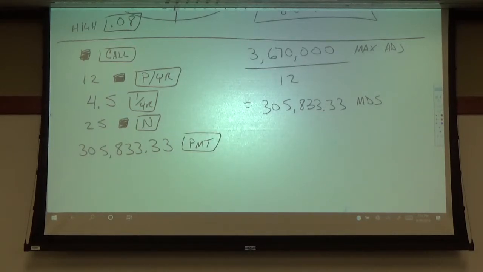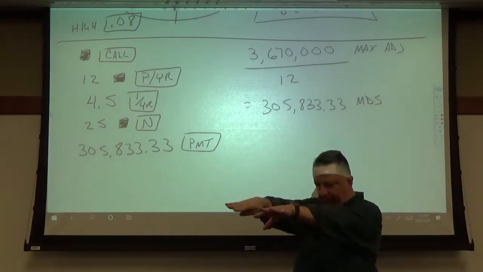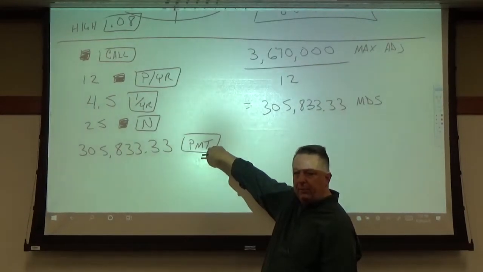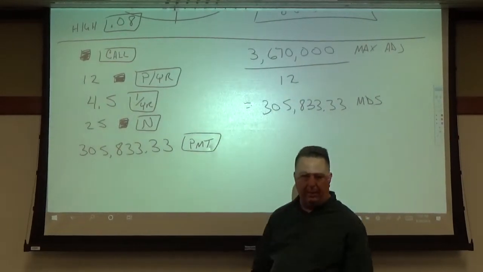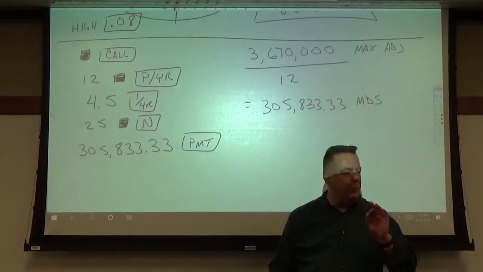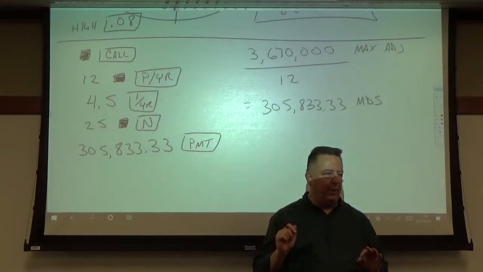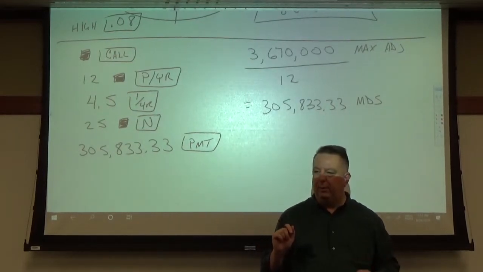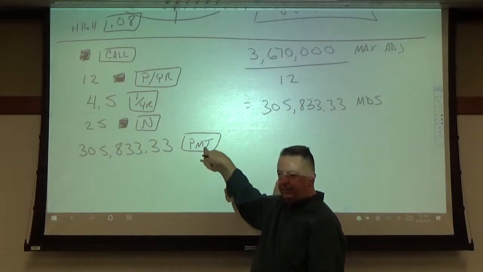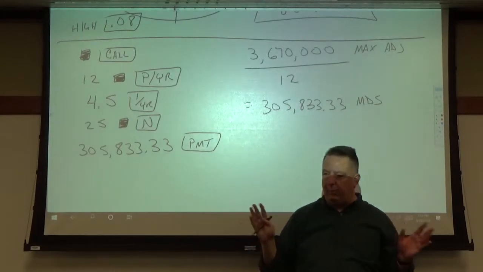So once the 305,833.33 is in your display, just simply hit the payment button. Nothing more. Okay, everybody got that? Don't do any more, don't do any less than what I've got up here on the board. It should just pop back up as 305,833.33.